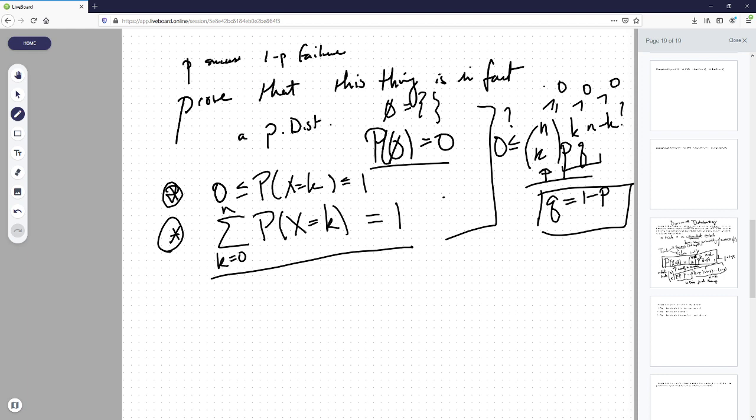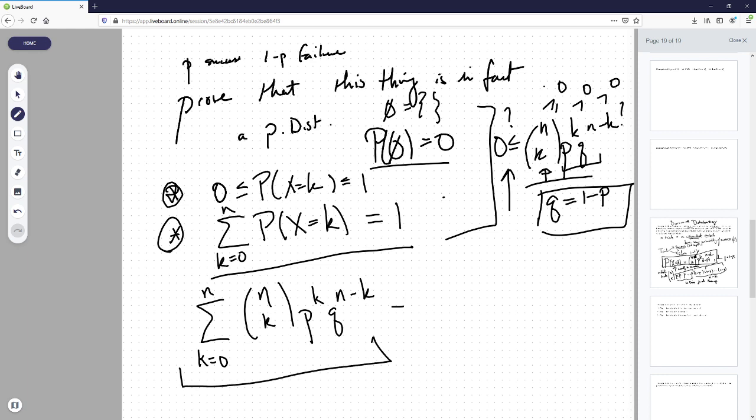The reason why is that since all of these are positive, we just have to add them up. If we add them up, we start at 0 and go to n, and we add up n choose k, p to the k, q to the n minus k. As it turns out, the reason why this is called the binomial distribution is because this is exactly the binomial theorem.